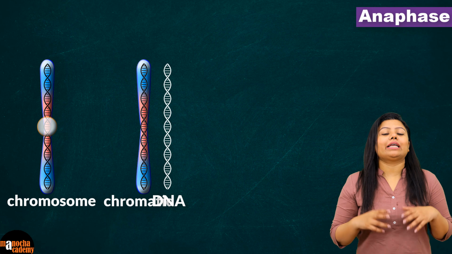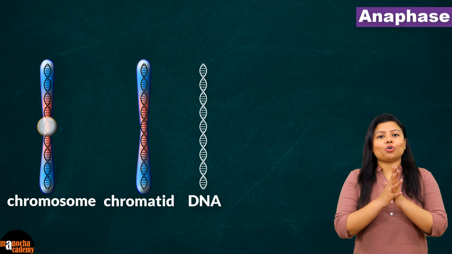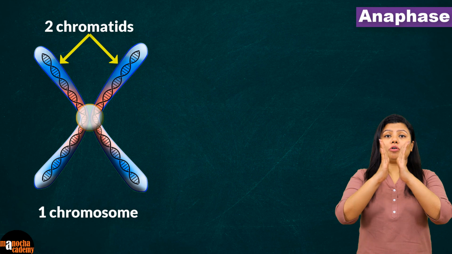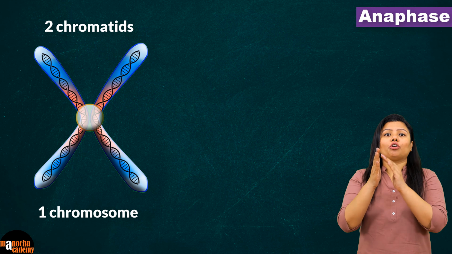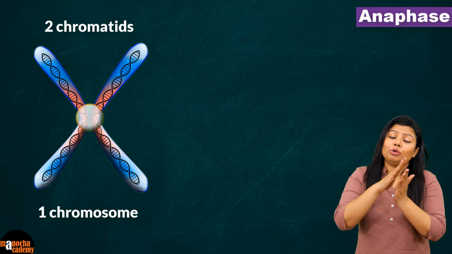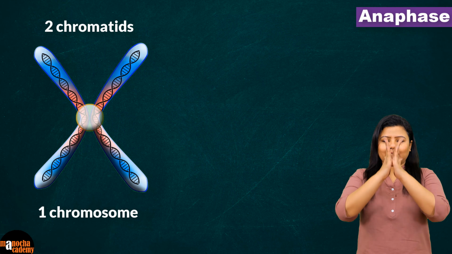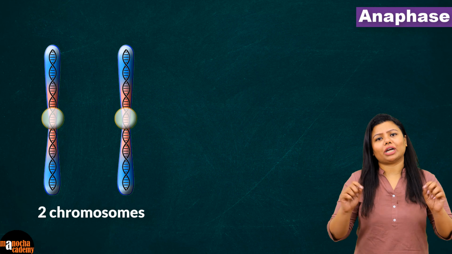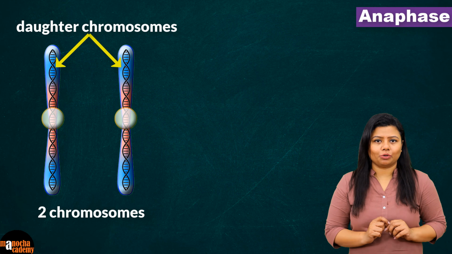Each chromatid contains one DNA molecule. So when the two chromatids stayed together, each chromosome had two chromatids, each chromatid with one DNA, which were exact copies of each other. Now I have separated them. So basically I have two chromosomes which are now referred to as daughter chromosomes.